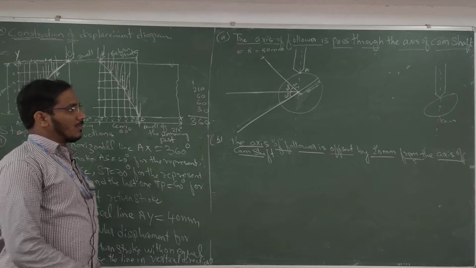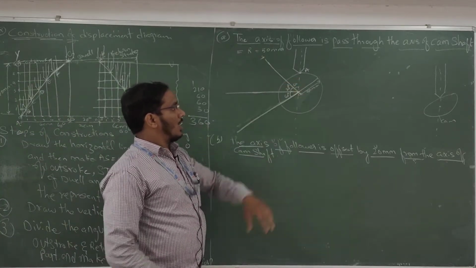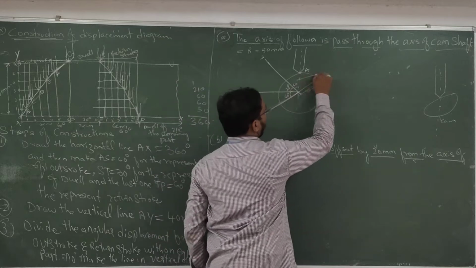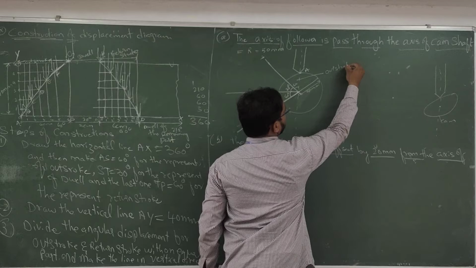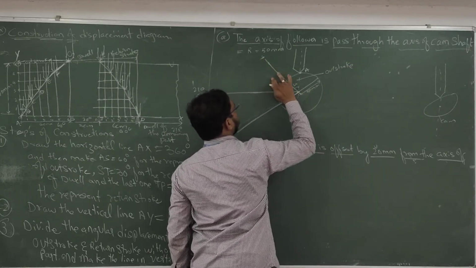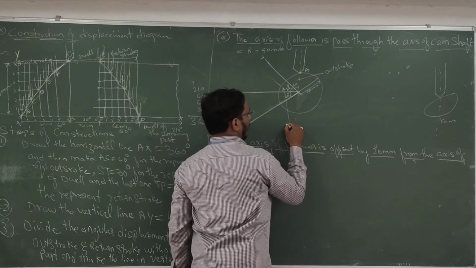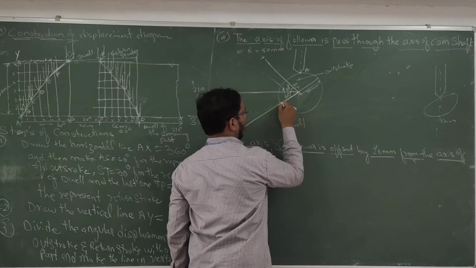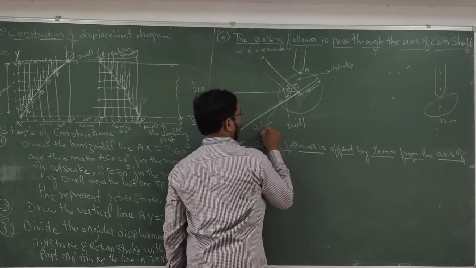Next, divide the angular displacement here. Divide the angular displacement of this. This part is called the outstroke, this part is called the dwell, and this is your return stroke.